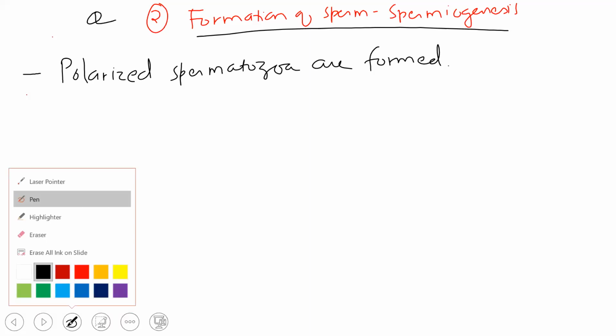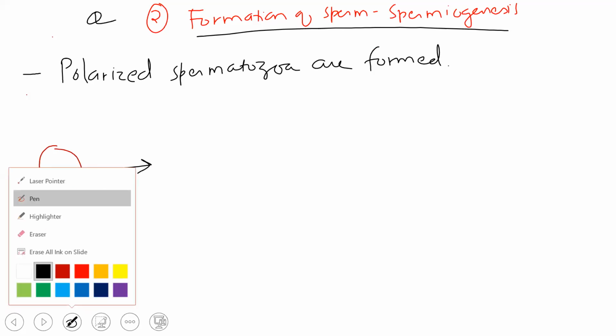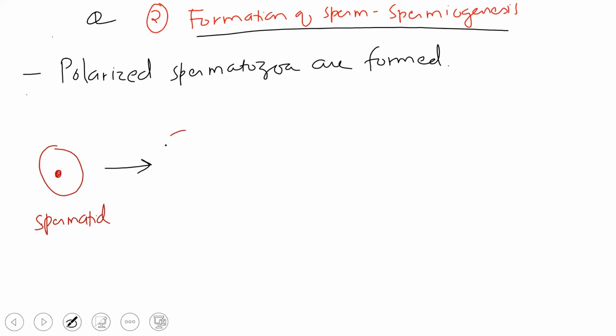How will this happen? Let us say this is the spermatid. Now this spermatid will undergo changes in shape. This spermatid will become like this.